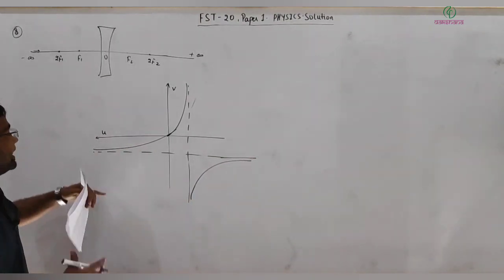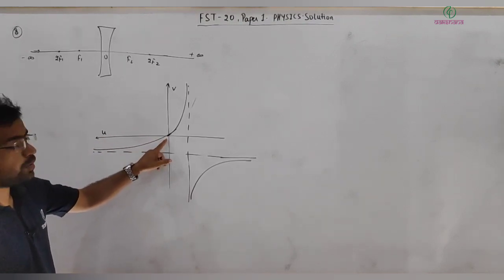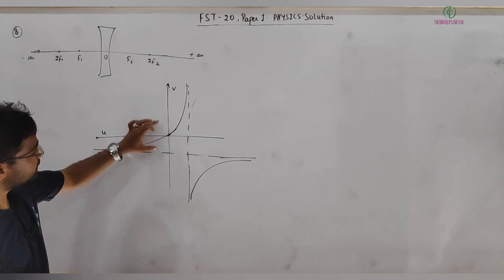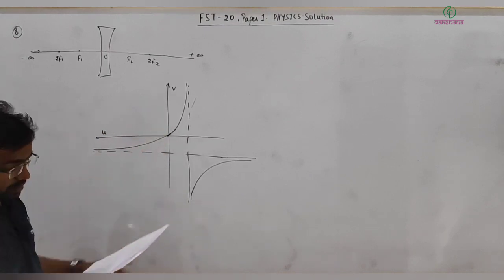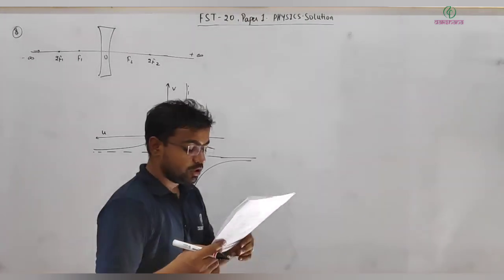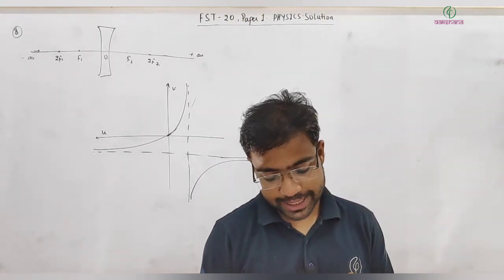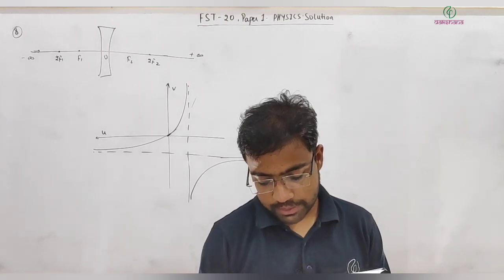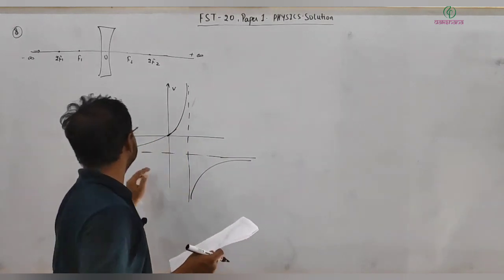Now when the object distance is from minus infinity to 0, your image distance V varies from minus f to 0. So now you can check the options. When the object is moving between minus infinity and 2f, its image will be virtual and diminished, that you can see definitely.